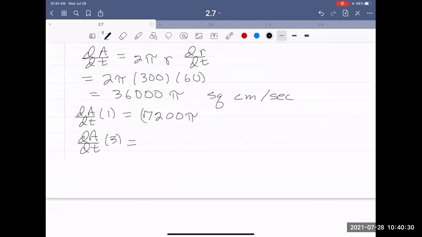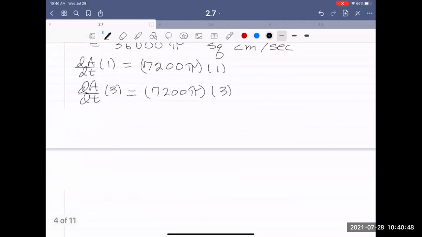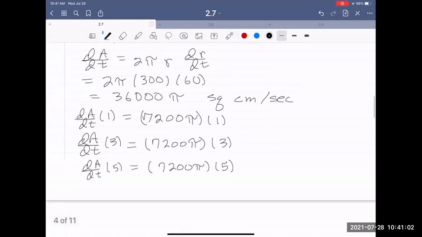And so this is actually times 1. If I multiply 7,200 times 3, I get the 21,600 pi. And lastly, if I multiply 7,200 pi times 5, I get 36,000 pi.